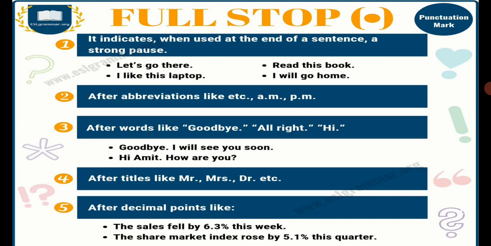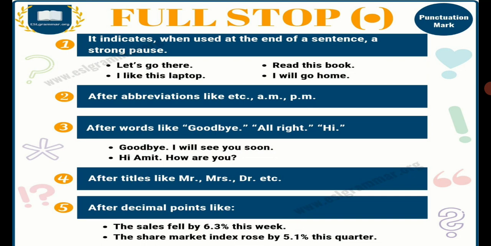Let's see the uses of the full stop, where and in which cases we use the full stop. It indicates the end of a sentence, a strong pause. Whenever we write simple sentences, at that time we put a full stop after every sentence.